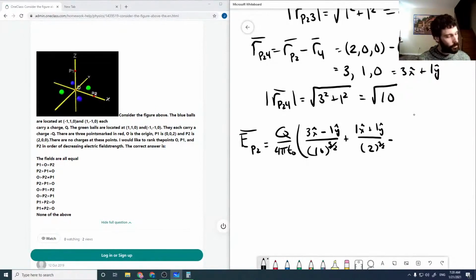Our 3 vector was 1 x hat minus 1 y hat over 2 to the 3 halves. And I'm going to just put 4 down below, minus 3 x hat plus 1 y hat over 10 to the 3 halves.